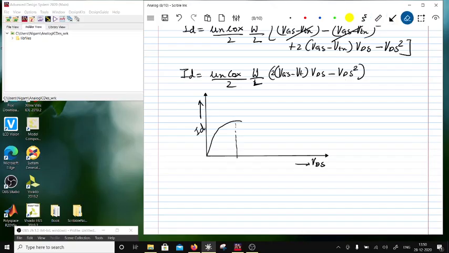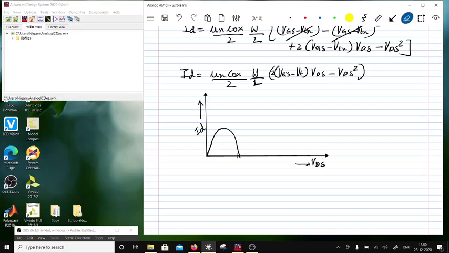So let's draw this again. At some point the pinch off will occur. Otherwise, if pinch off doesn't occur, then the relationship goes like this. If I were to plot the relationship as per this equation, it is going to be like that.